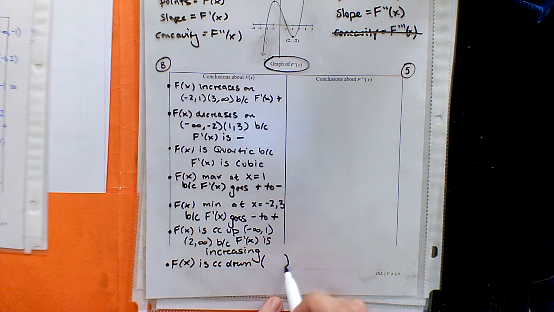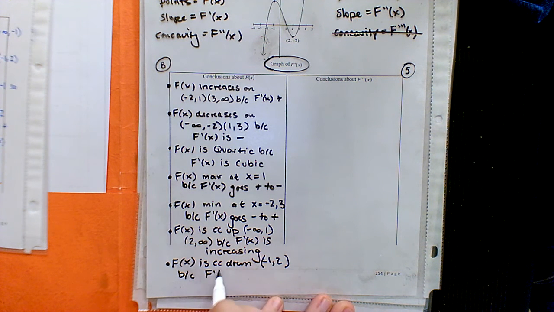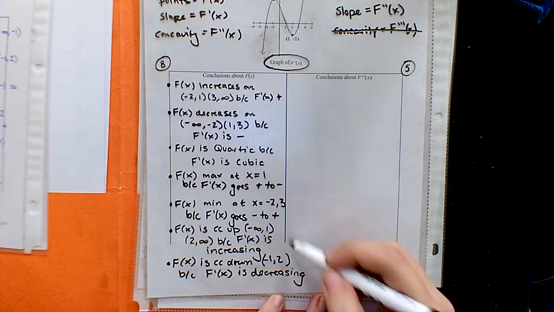Where would that be? Go ahead, Cole. 1 to 2, because f prime of x is decreasing. Perfect. All right. That's 7. We got one more.